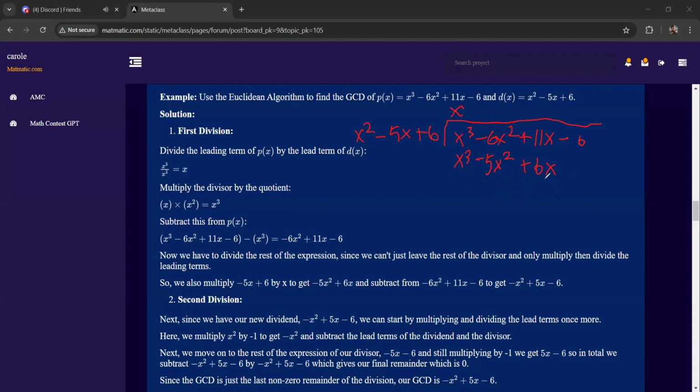So here we just subtract everything and we get negative x to the power of 2 plus 5x. And now we can bring down the negative 6.